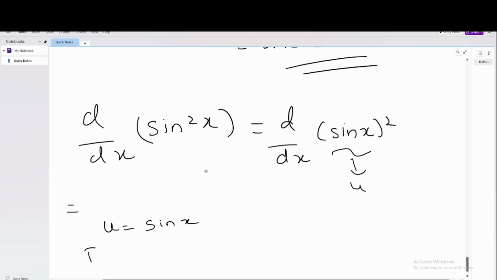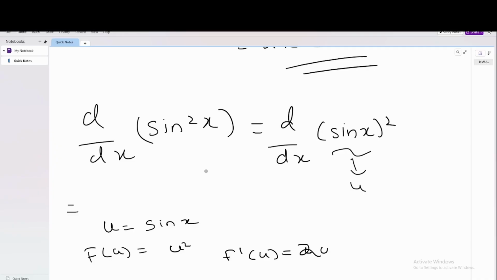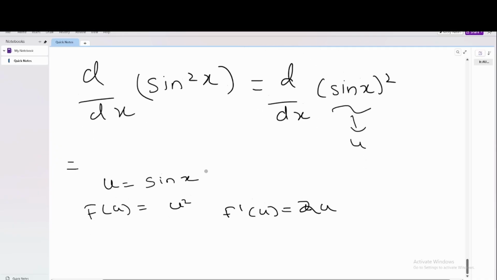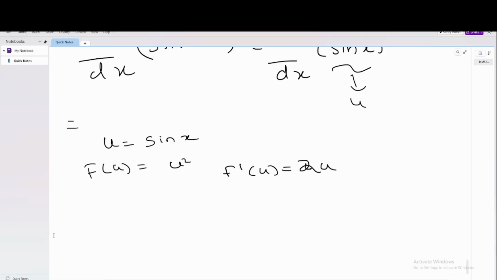The outer function f of u is equal to u square. So f prime of u is equal to 2u, and u prime is equal to cos x.